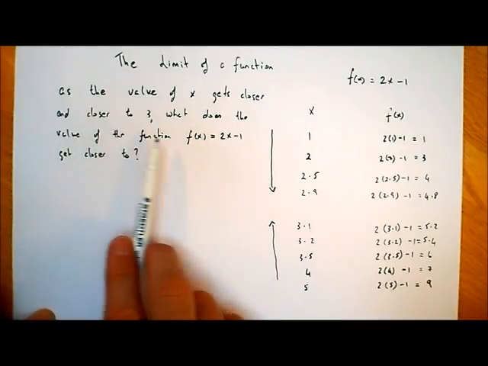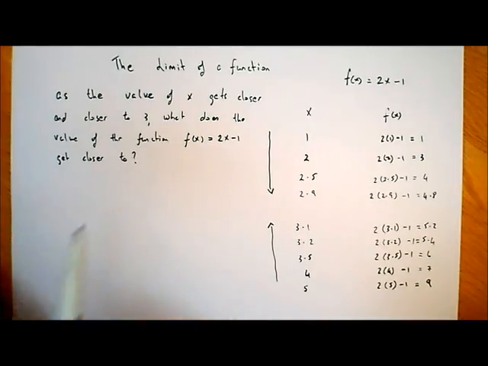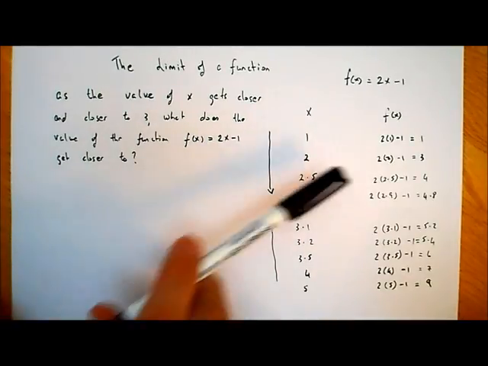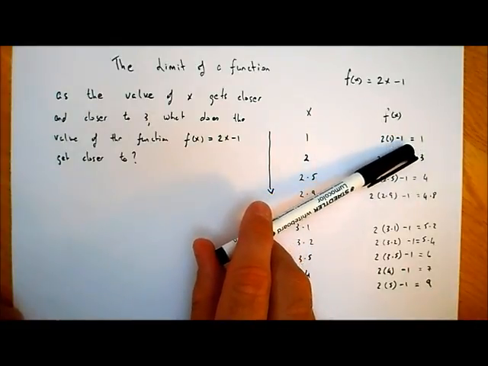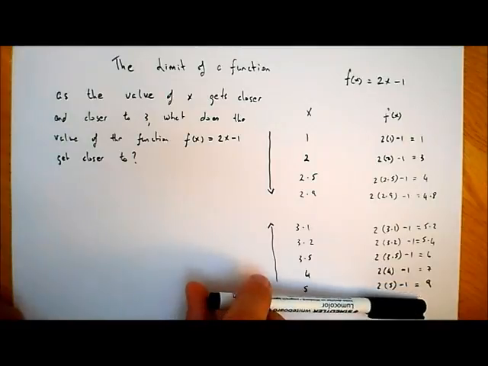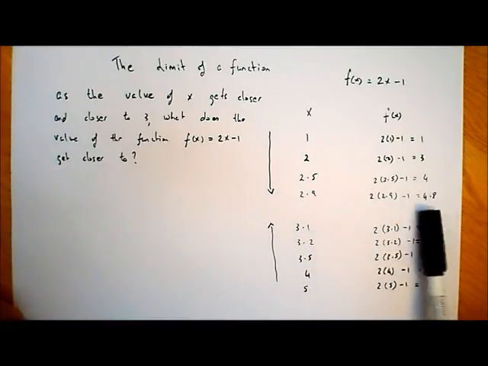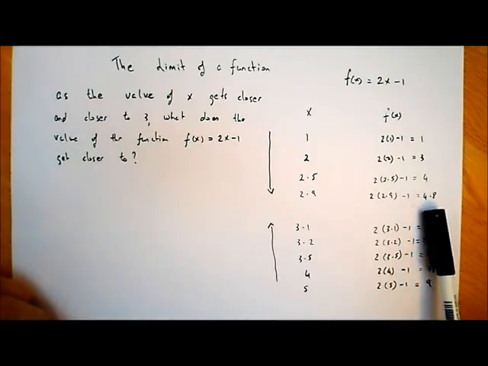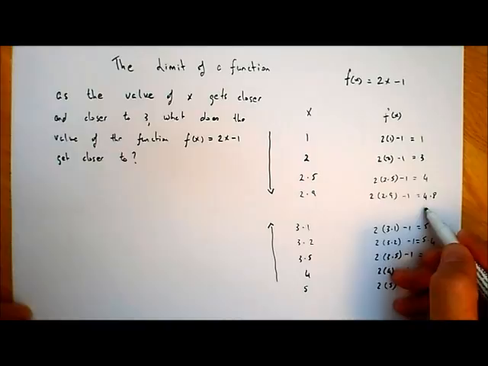What do the values of the function, f of x, get closer to? As the values get closer to 3, the value of f of x is going 1, 3, 4, 4.8. Going from the other direction, it's going 9, 7, 6, 5.4, 5.2. So what's this value that they're getting closer and closer to all the time? You can kind of see that the value is 5.